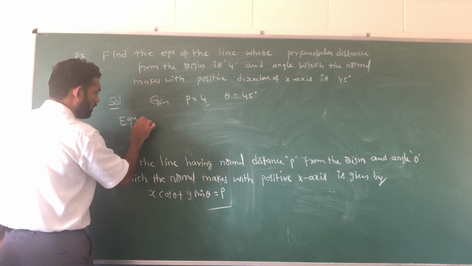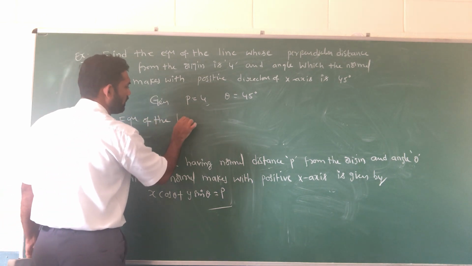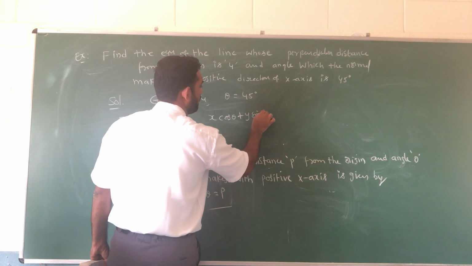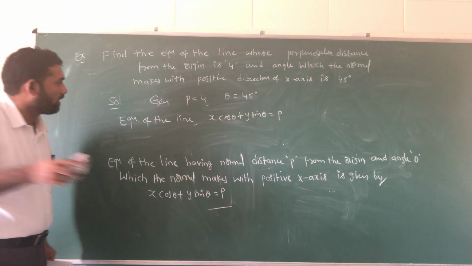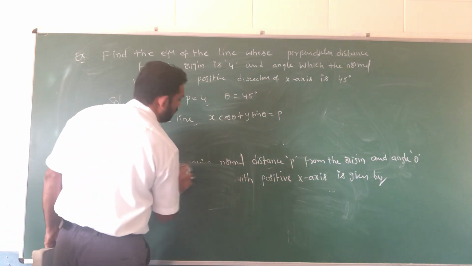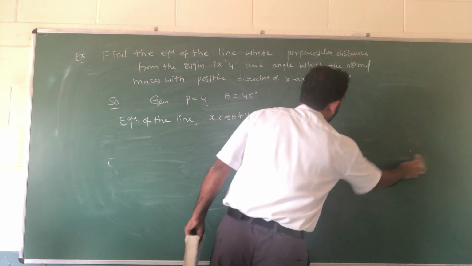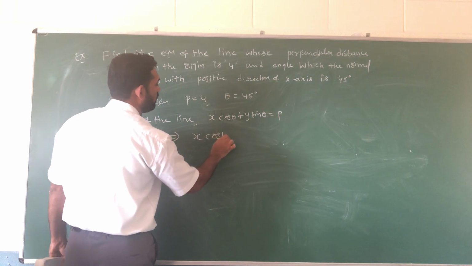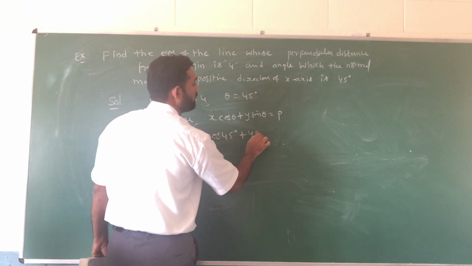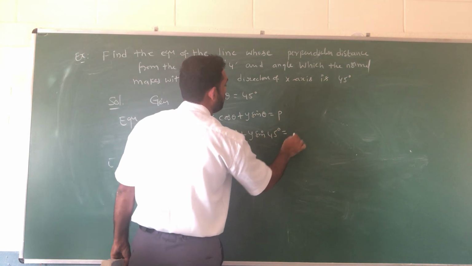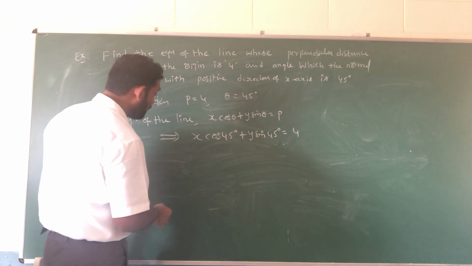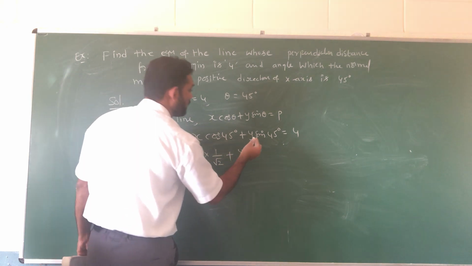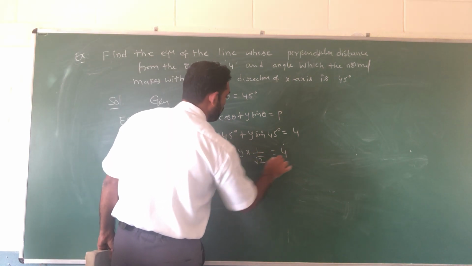Then the equation of the line is x cos theta plus y sin theta is equal to P. See this simplification. x cos 45 degrees plus y sin 45 degrees equal to 4. Cos 45 means 1 by root 2, and sin 45 means 1 by root 2.